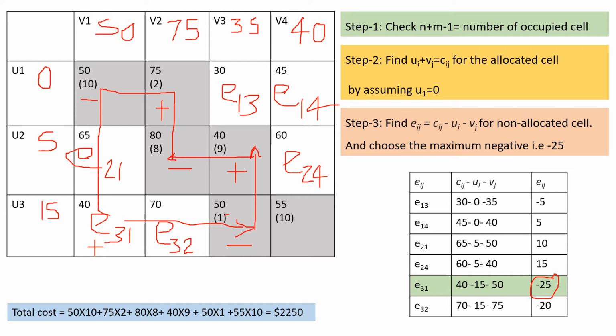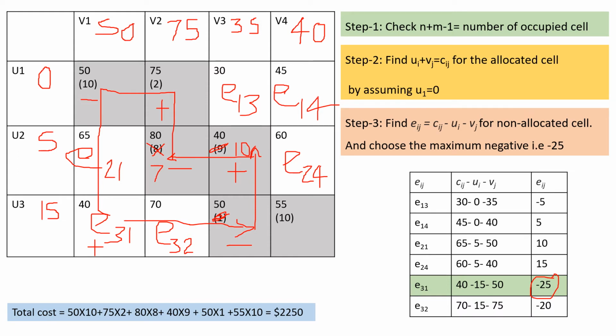So we eliminate this one, and we have to add 1 here, so it becomes 10. And here there is a minus sign, so we have to subtract 1 from 8. So we cancel this one, and we write 7 because we subtract 1.